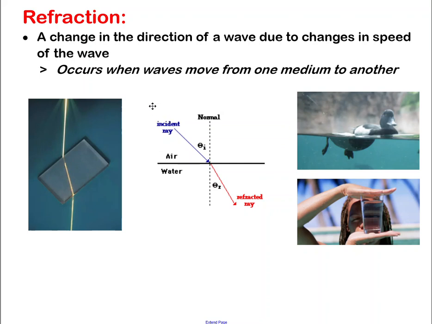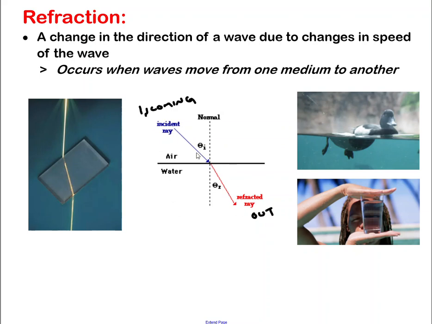So here is that in graphical form. Some vocabulary here. Incident, another way to think of this is the incoming wave. So this is the wave going into a new material. And this is the refracted ray, or the one out through the material. Incident means incoming, refracted means out.